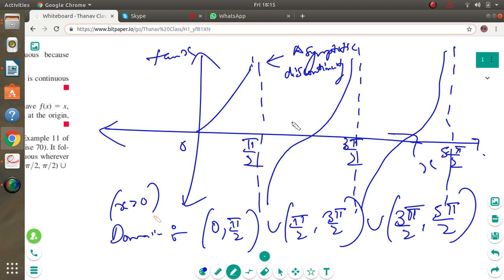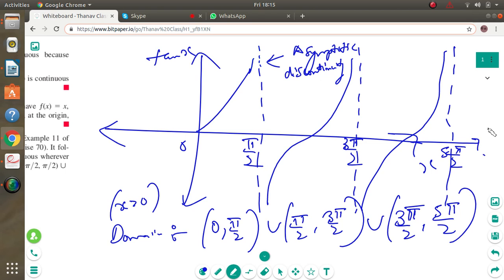If the function was going like this, something like that, then you can say the limit at this point, say x equals 0, is infinity, minus infinity, because it goes towards minus infinity.